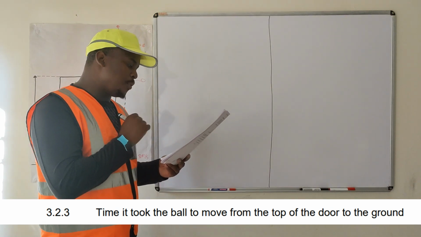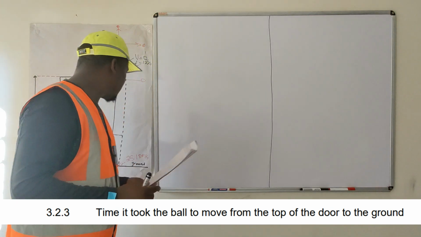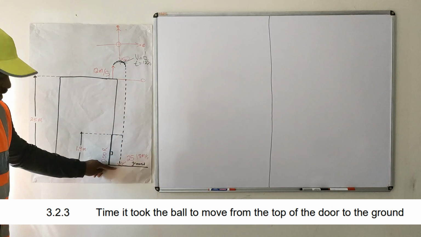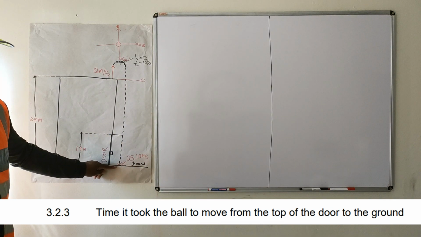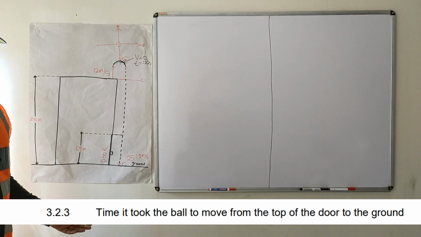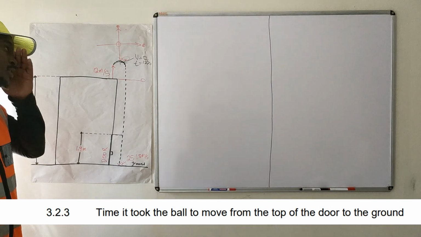Calculate the time it took the ball to move from the top of the door to the ground. So they want the time it took to move from here to here. That is what they want. There are many ways to look at this.